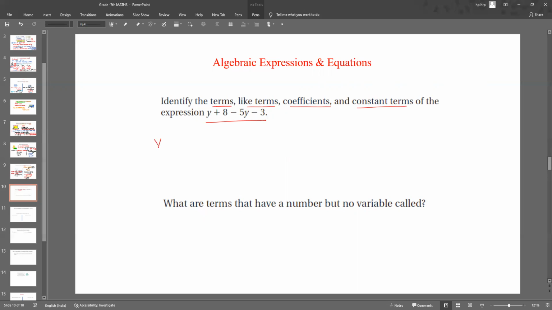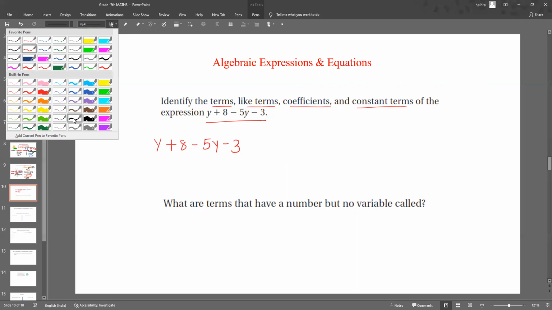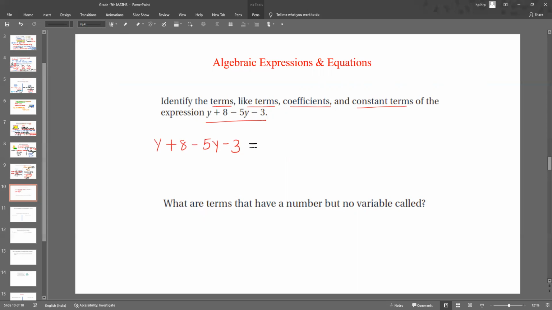We have this expression, y plus 8 minus 5y minus 3. Can you identify how many terms are there? Then which is a like term, which one is a coefficient, and what is the constant here?